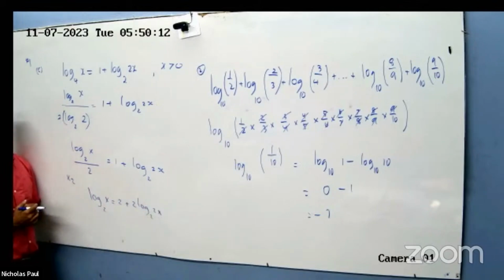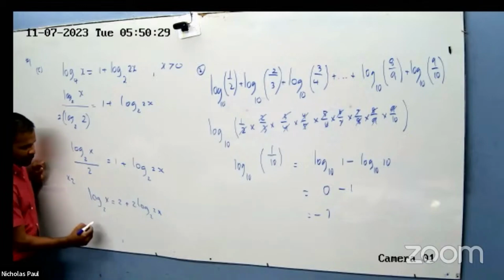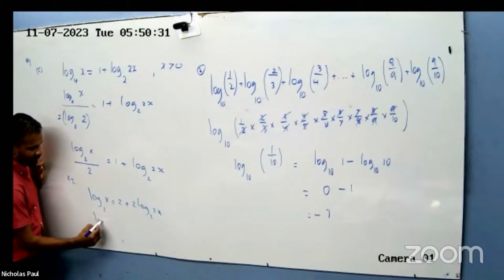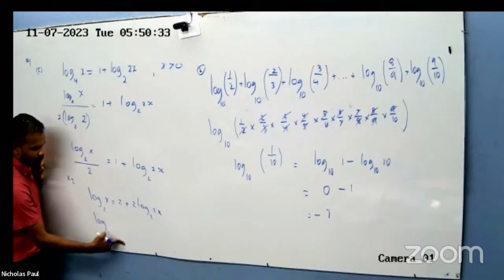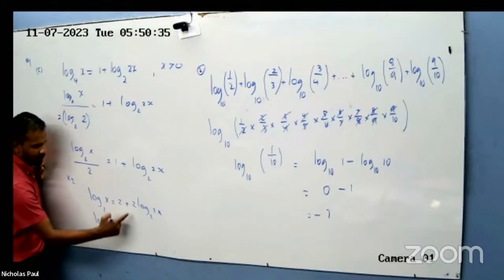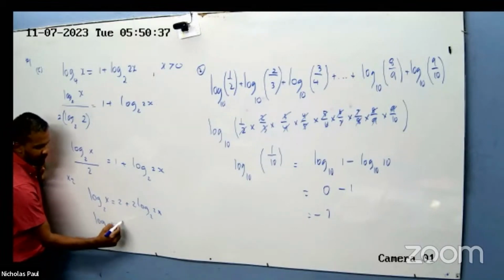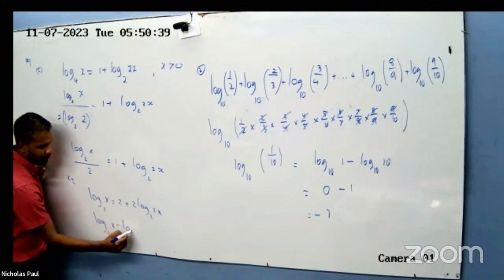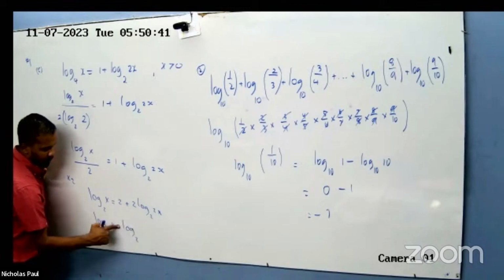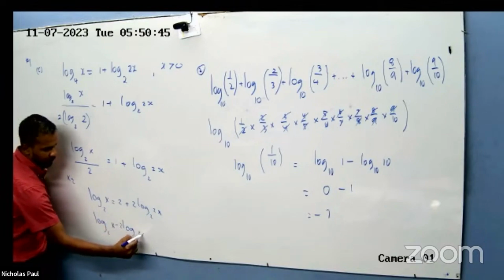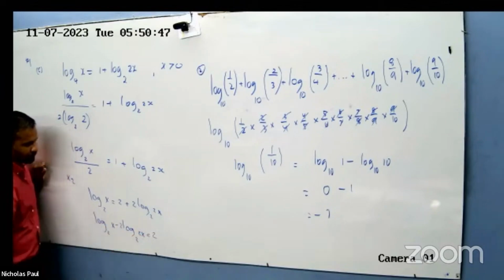What's the next step? Bring the logs together, right? Any question you're doing, you're bringing like terms together. So you're bringing your logs together here. Log to the base 2 of x. Bring across the plus, it becomes minus. Log 2 to the, sorry, I want to leave it 2 here and I'll show you something after, right? Is equal to 2.